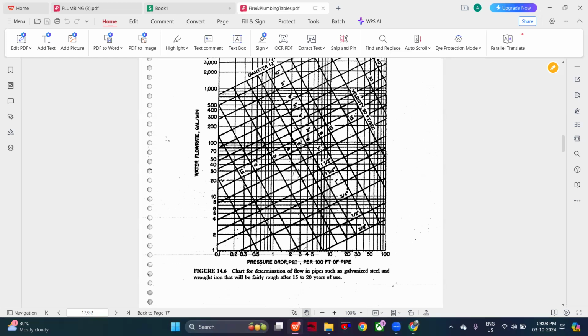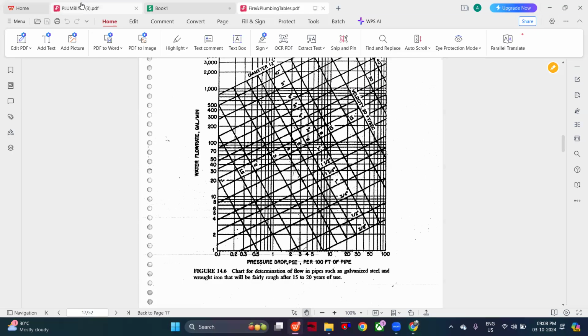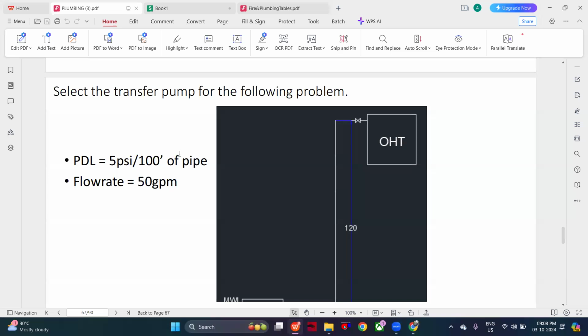For a 2-inch pipe, what will be the size of your elbow? If the plumber asks you to buy 2 elbows for the 2-inch pipe, we go to the shop.